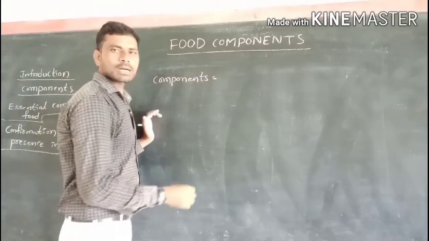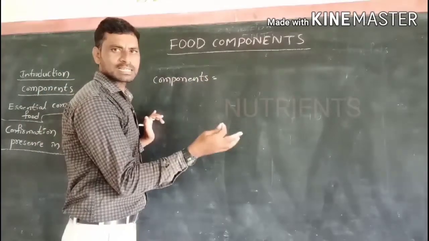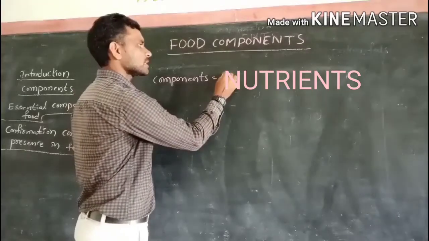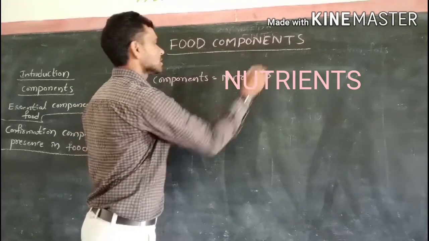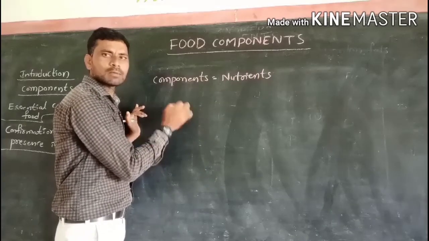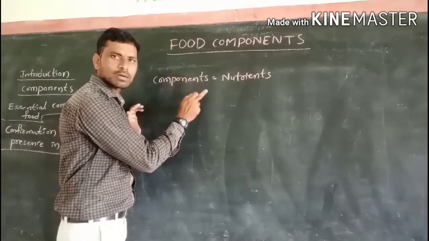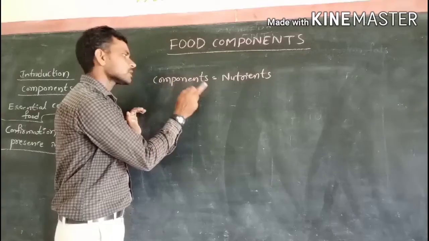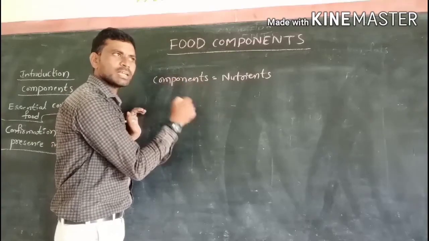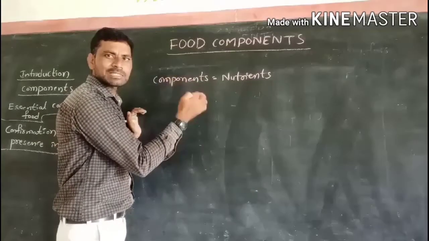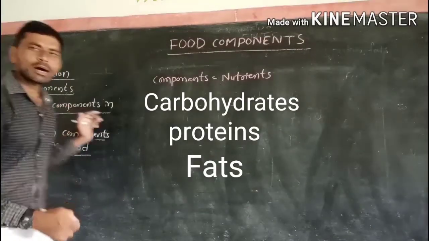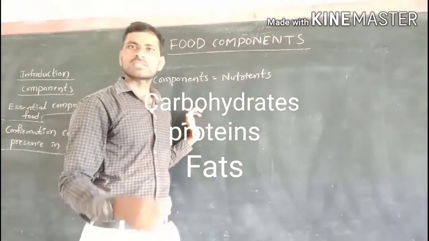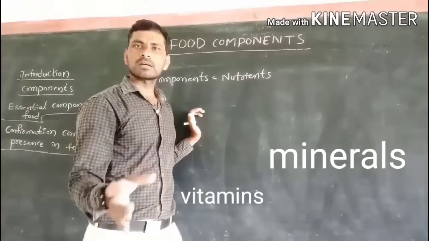the food items are containing some types of nutrients. They are only called components. What are the component names? There are many components. Mainly 7 components: carbohydrates, proteins, fats, vitamins, minerals, water, roughages.